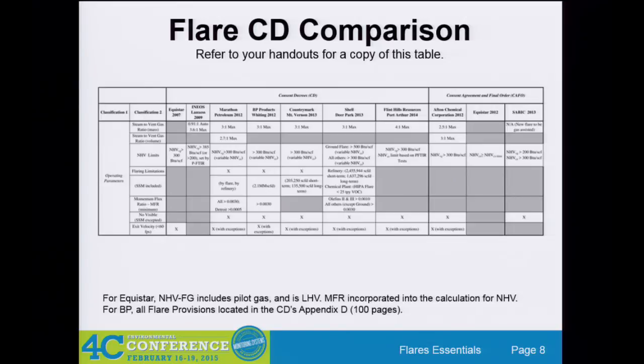Country Mark didn't get it. While Country Mark didn't get a specific number they had to shoot for, they have the requirement that if they see discontinuous wake-dominated flow, they need to control for it and remedy the situation, i.e. add supplemental fuel. So how do you comply with that? Unless you have someone staring at the flare 24/7, how are you going to know when you need to add supplemental fuel?